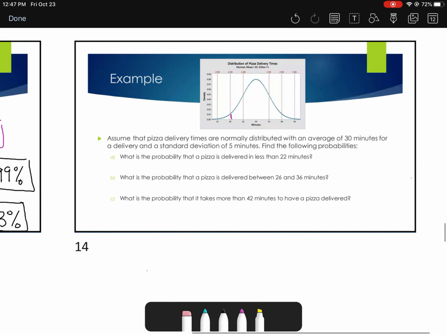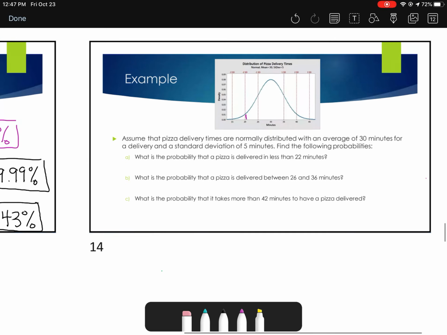Okay, let's do another one. So assume that pizza delivery times are normally distributed with an average of 30 minutes for delivery and a standard deviation of 5 minutes. Just remember average is your mean, so we know it's 30 minutes, and our standard deviation is 5. Find the following probabilities.